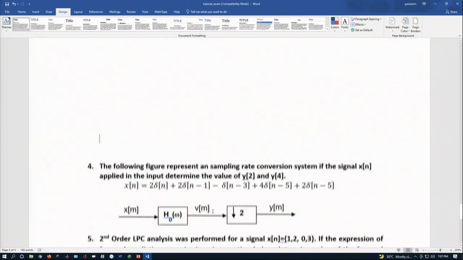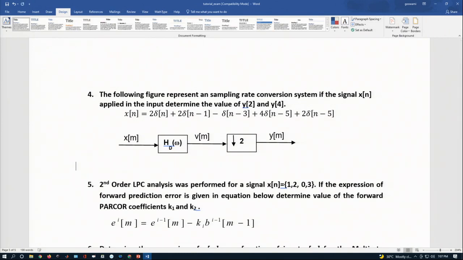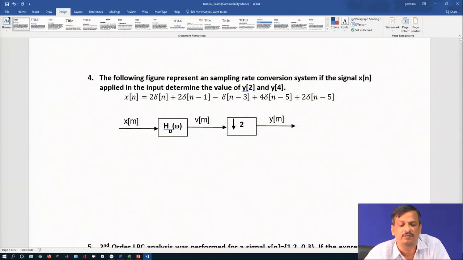Okay. Now, let us see question number 4. The following figure represents a sampling rate conversion system. If the signal x[n] is applied at the input, determine the value of y[2] and y[4]. So, what is x[n]?